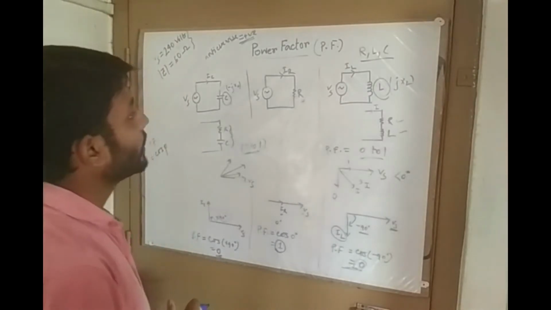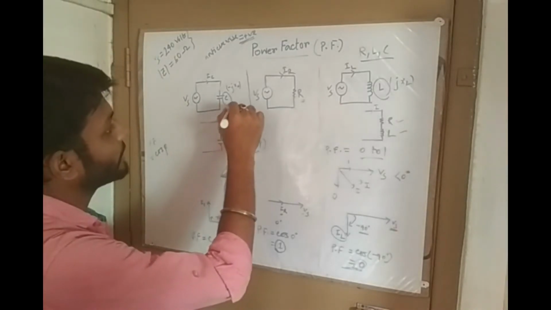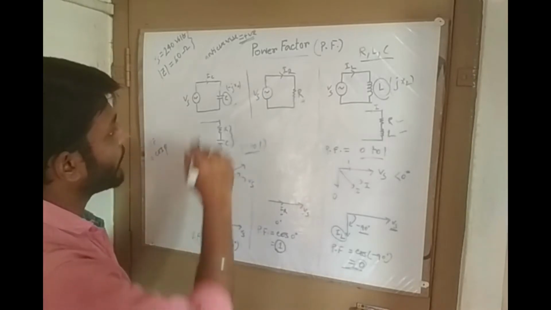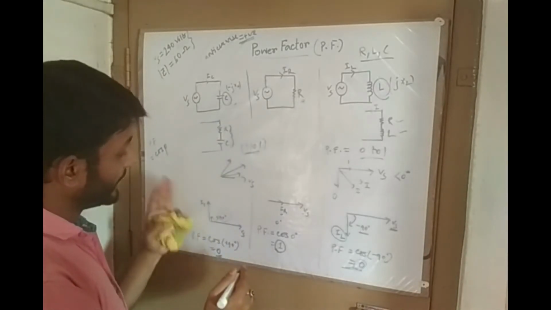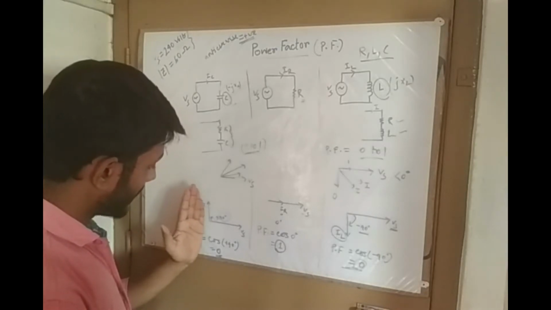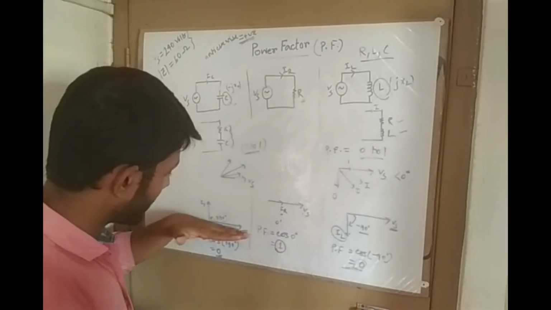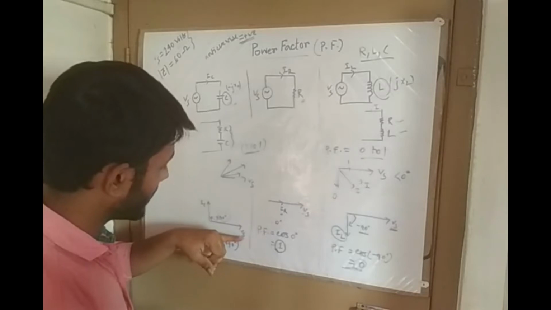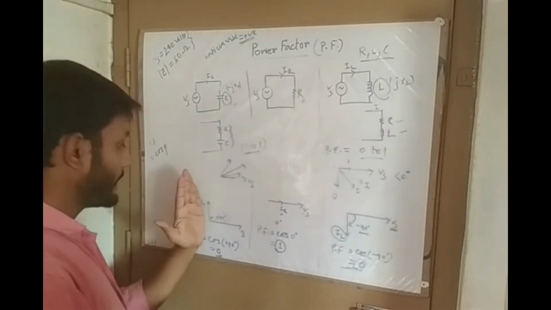So from here we have seen for a capacitive circuit, the power factor is leading in nature, because here the current IC is leading this reference voltage, that is supply voltage VS, by 90 degrees.